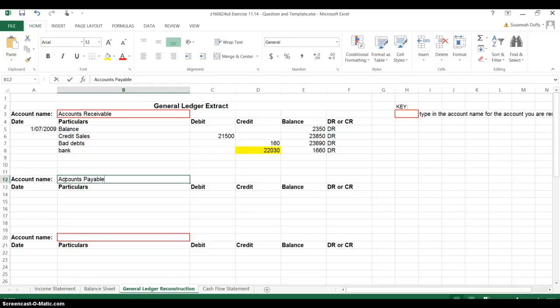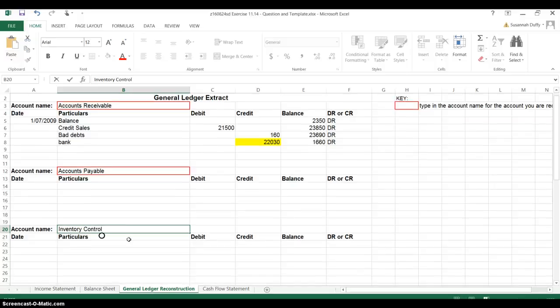In order to reconstruct accounts payable, you need to know your inventory figure. This also being on credit means that we have to reconstruct that one as well. And we're actually going to do that first because once we have the figure for inventory, we can then easily calculate accounts payable.